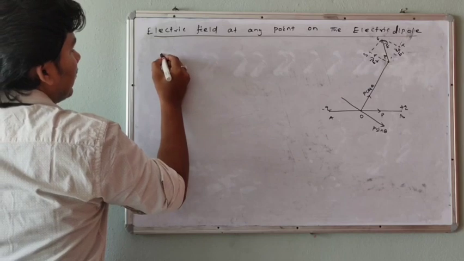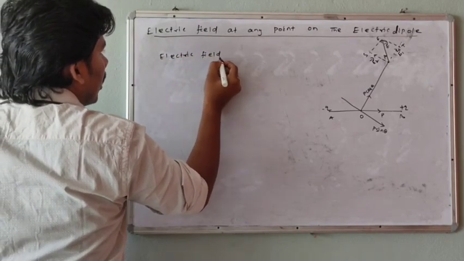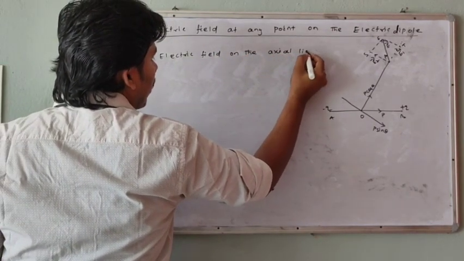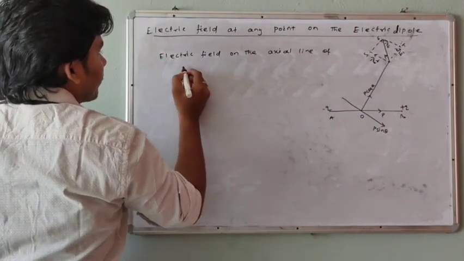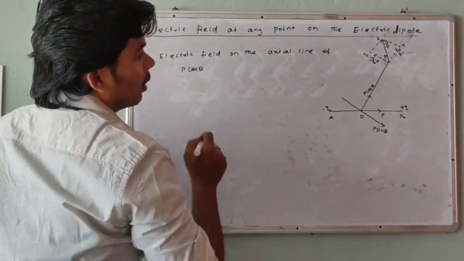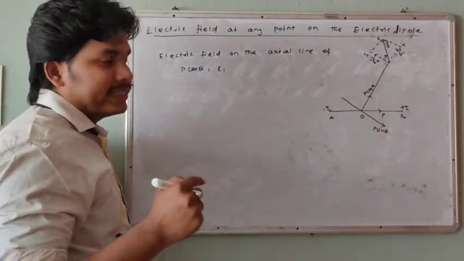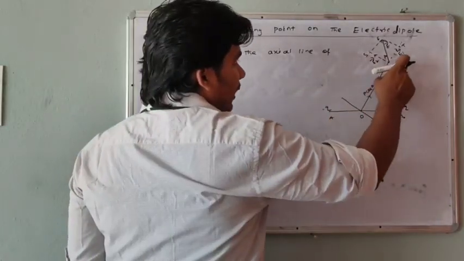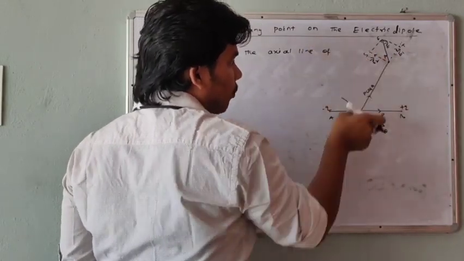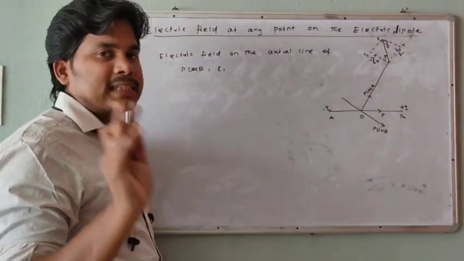Now see, the electric field on the axial line of P cos theta is E1, as P cos theta corresponds to E1 and P sin theta corresponds to E2, since P sin theta and E2 are parallel components, and P cos theta and E1 are coincident components.